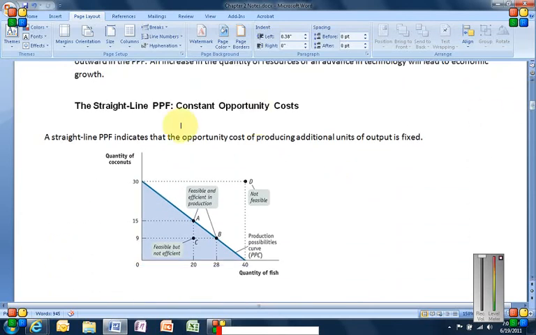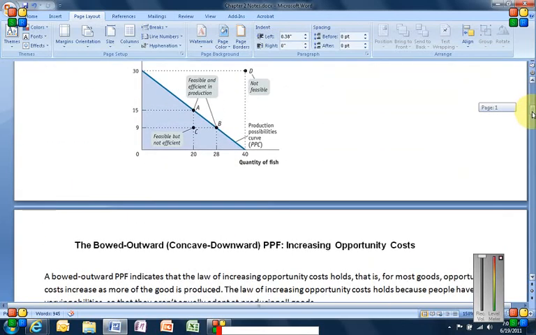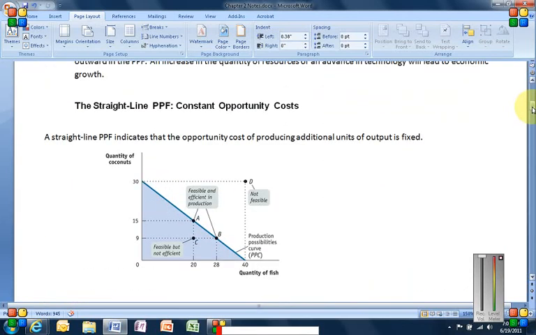If you've got a straight line Production Possibilities Frontier, it looks like this. It's a curve that's a straight line. On the next page of your notes, you have a bowed outward one. But let's start with the straight line Production Possibilities Frontier. Any point that would be found along this curve would represent the potential for an individual or for an economy, depending on what situation you're looking at.